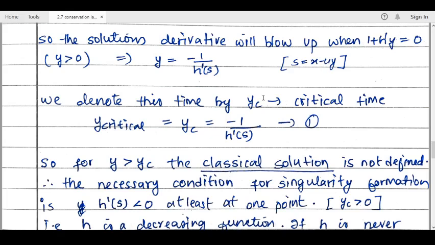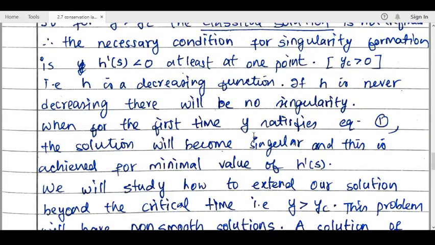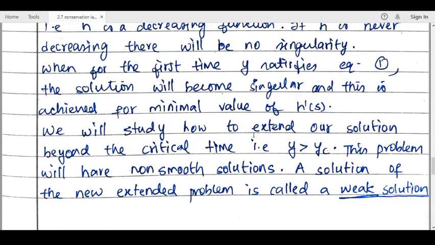That value is obtained when h dash of s is minimal. Now we will extend our solution beyond this critical time, that is, the critical time is yc. We will see how to write the solution when y is greater than yc.